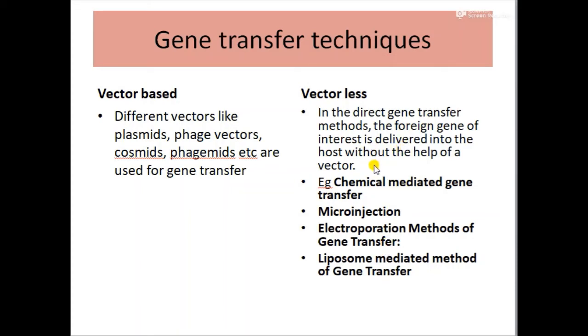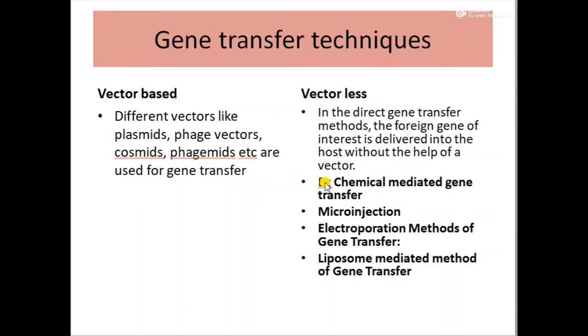And these vectorless methods mainly involve taking a cell and taking some DNA and transferring it by chemical methods, or by microinjection methods, electroporation methods, or liposome mediated methods. Now, these are all different methods where you're not involving a vector.